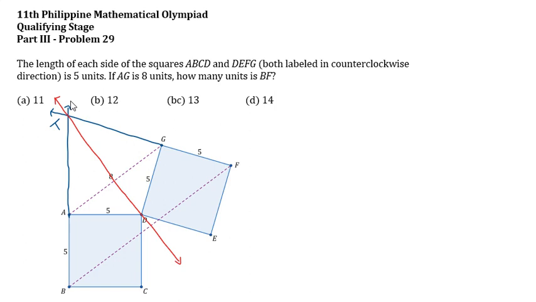Okay, so line TD is perpendicular to AG and BF, and so AG and BF are parallel. Let's take note of that because this will be helpful later on. Now, line TD also divides the figure into two identical parts.